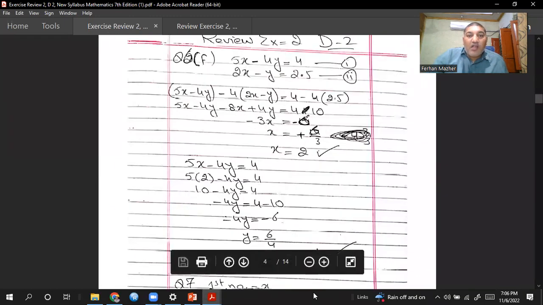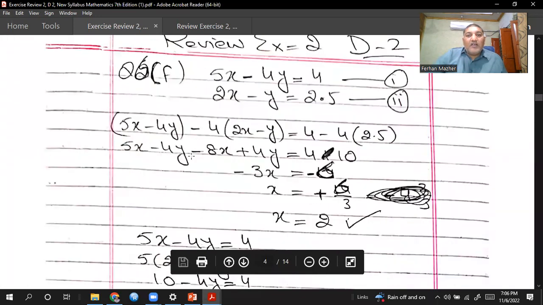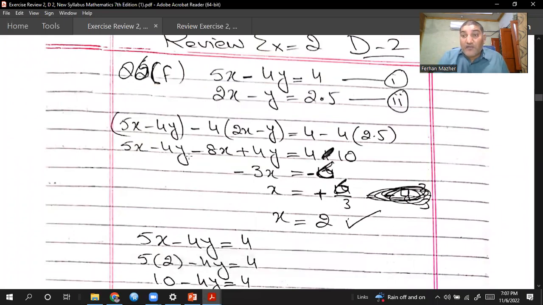So I'm going to make y the same. 5x minus 4y equals 4, 2x minus y equals 2.5. I will make the coefficient of y the same, and because they have the same sign, I will subtract them. So (5x minus 4y) minus 4 times (2x minus y) equals 4 minus 4 times (2.5).